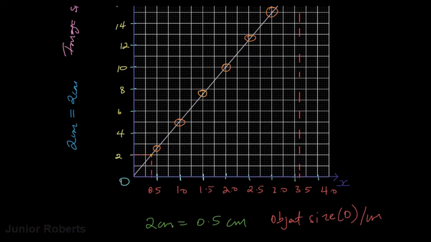So 2 double lines will be equal to 0.1. So we have 3.55, 3.6, 3.65, 3.7, 3.75, all the way up to 4.0. This line right here is 3.6, while this one here is 0.1, 0.2, 0.3, 0.4.